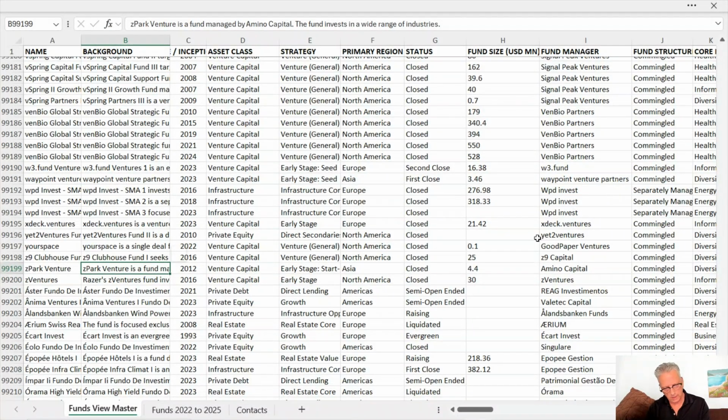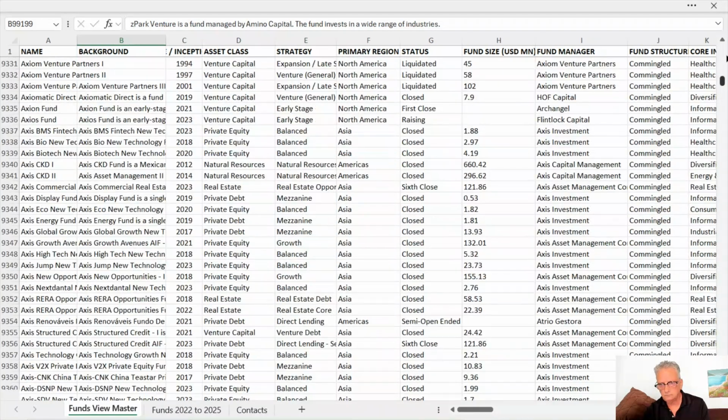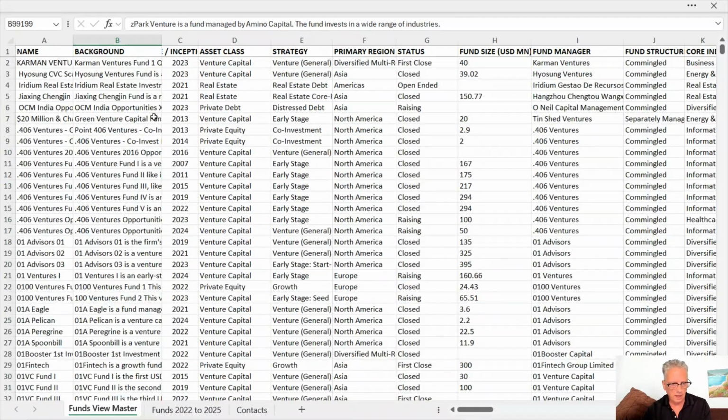Okay, now I'm going to quickly go through the spreadsheet part of it. If you want a more detailed look at the database, just watch the video previous to this one, because this video focuses more on the process rather than the database itself. But you can see here, here's the master database. You've got 99,000 funds. If I scroll up to the very top, you can see that they have the dates.